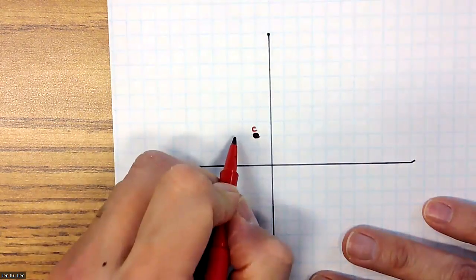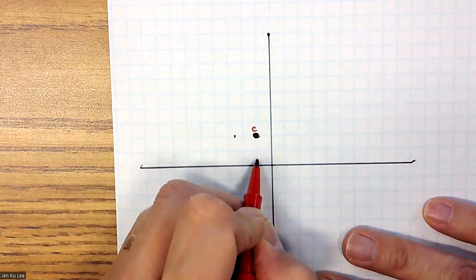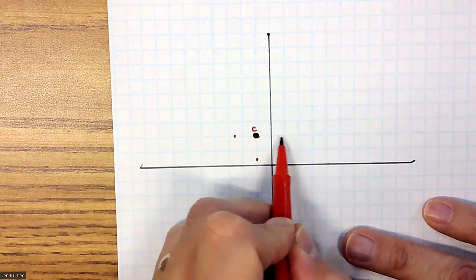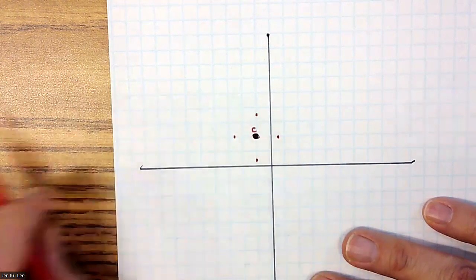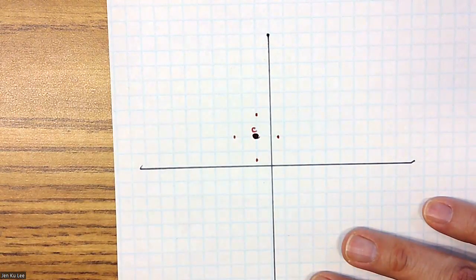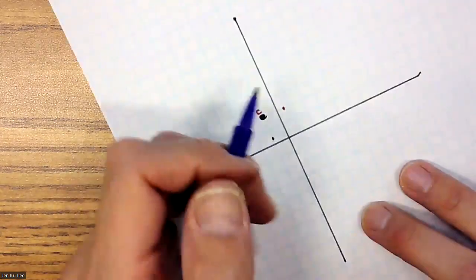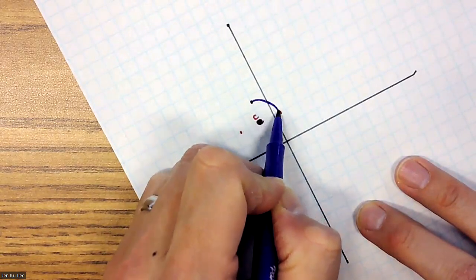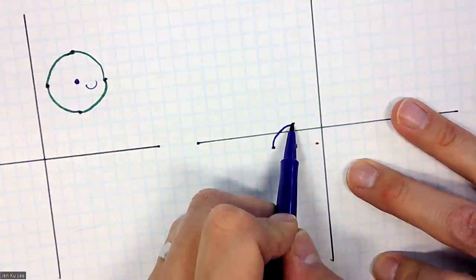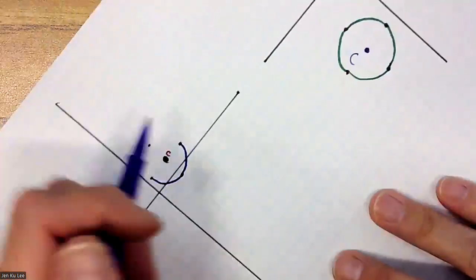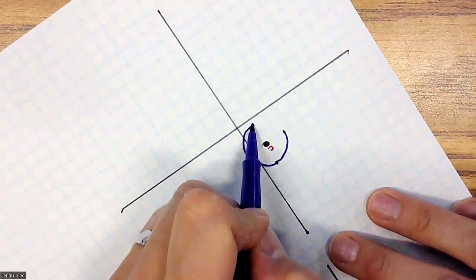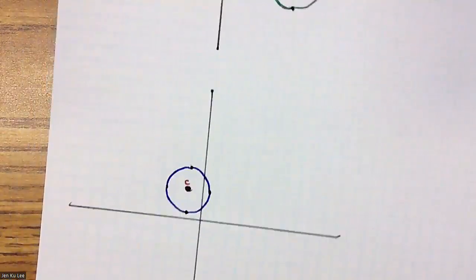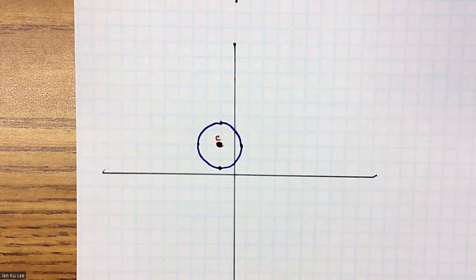So 1.5, 1.5, 1.5, 1.5. Just try your best. Okay? Just try your best.